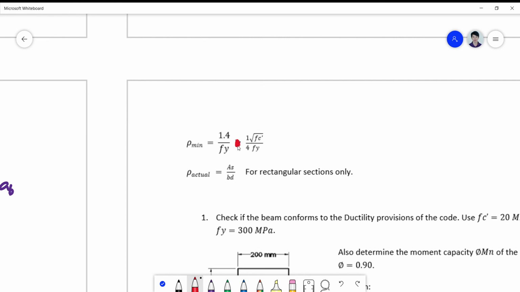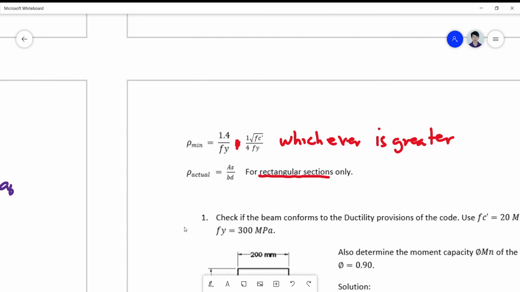So whichever is greater, that is what we will use. So rho actual now is equal to As over bd, and this is only good, remember, for rectangular sections.